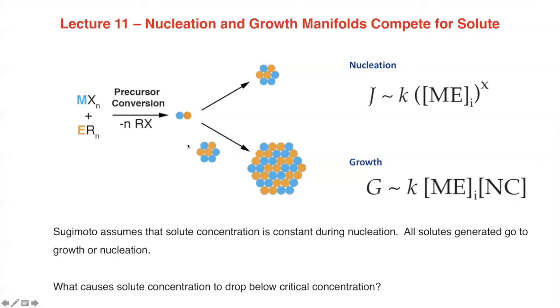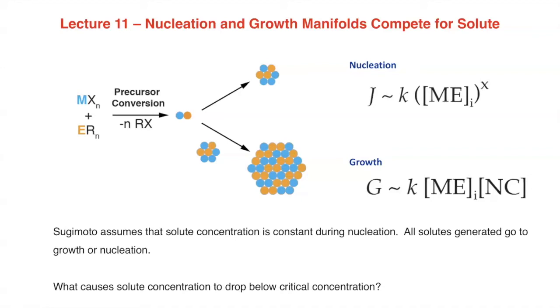Okay, and so during the nucleation phase of these reactions, the number of those crystals is going up. And so as nucleation is proceeding, the probability that solutes go to attaching to existing crystals is increasing.